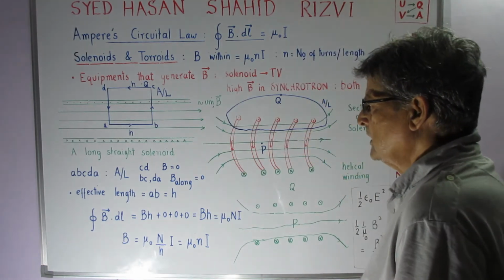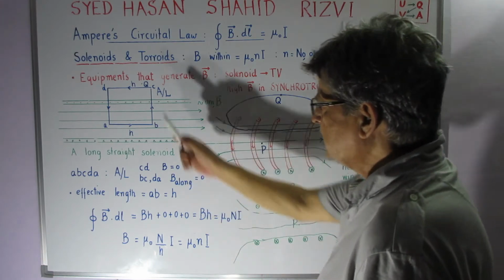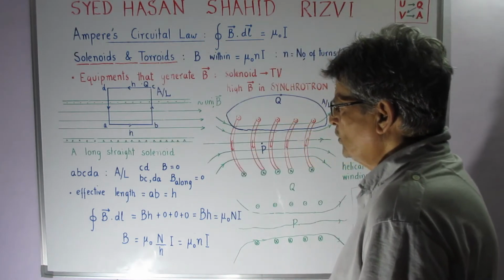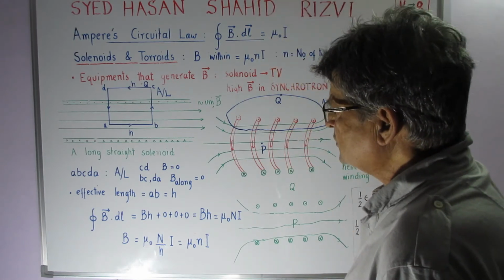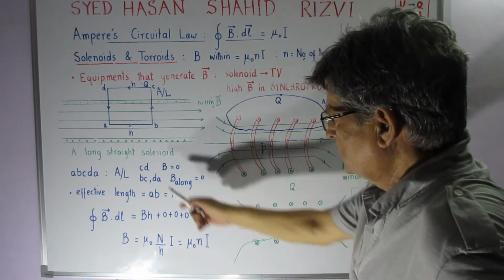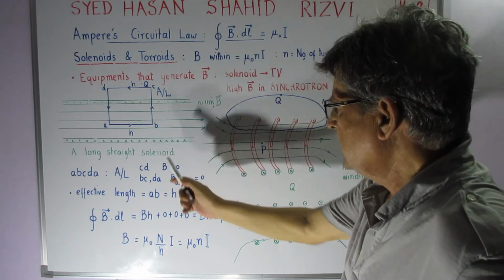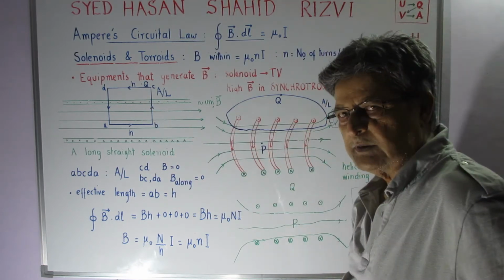Now, the contribution of the part CD to integral B dot dl is equal to 0, because between the points C and D the value of B is equal to 0.